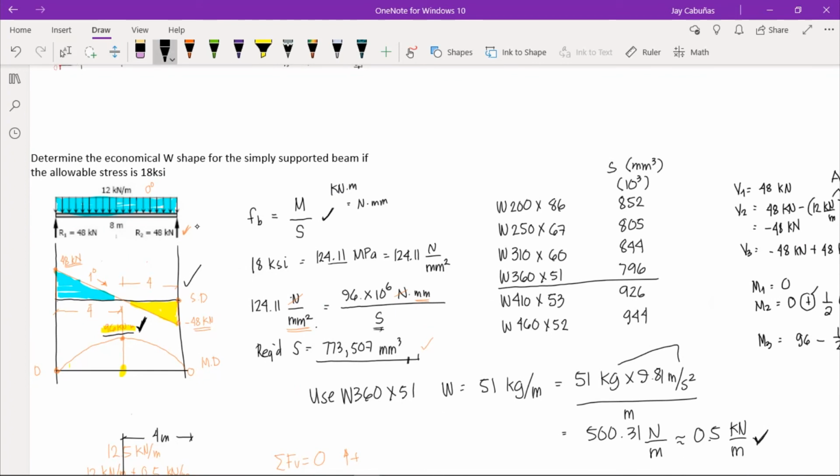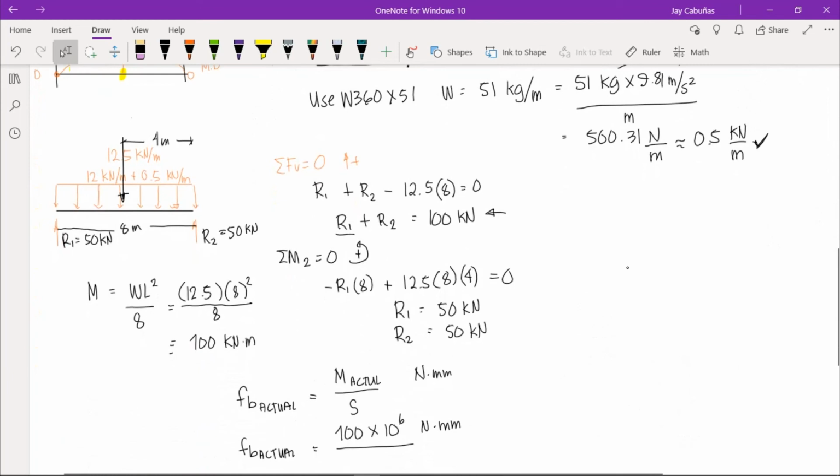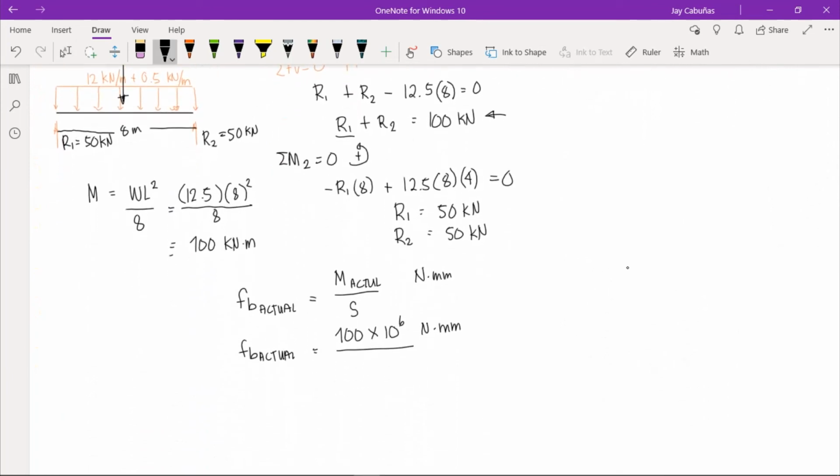The section modulus is 796 times 10 raised to the 3. This one is in millimeter cubed, so we can cancel out millimeter, and the remaining millimeter in the denominator would be millimeter squared.